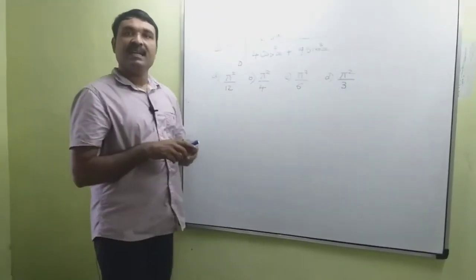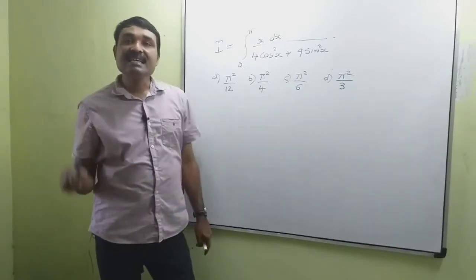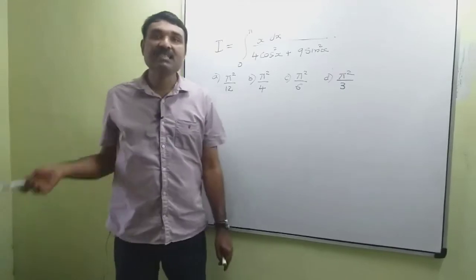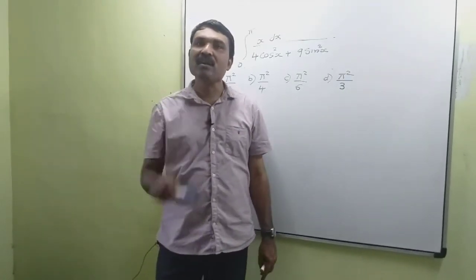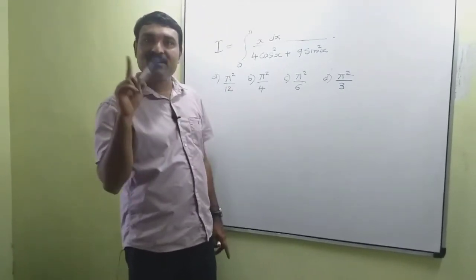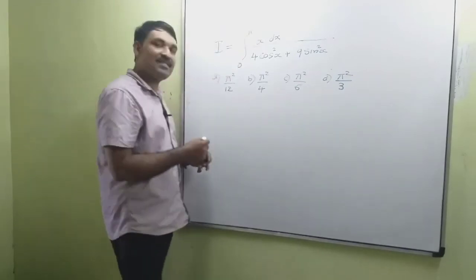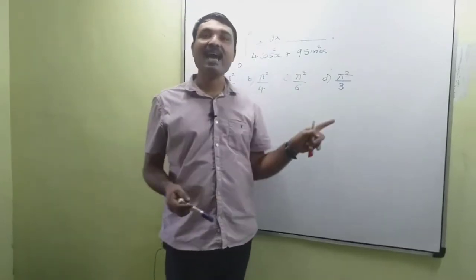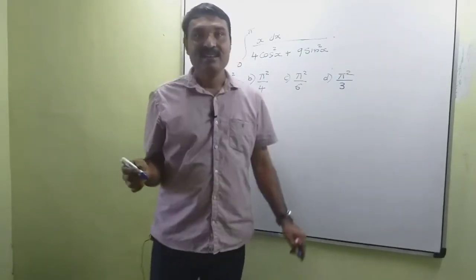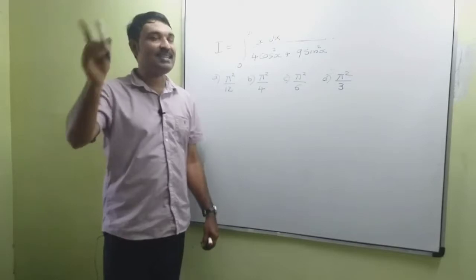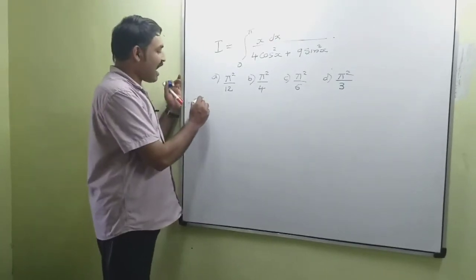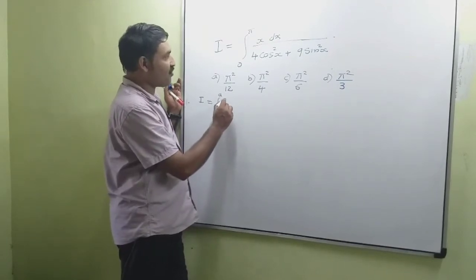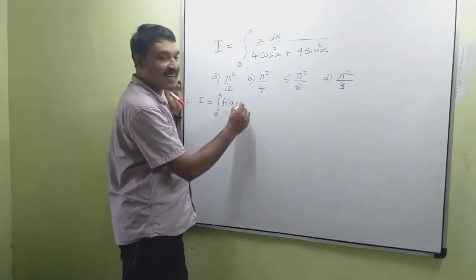Right. Now our question is: I is equal to the integral from 0 to pi of x dx divided by 4 cos square x plus 9 sin square x dx. And the choices given are pi square by 12, pi square by 4, pi square by 6 and pi square by 3. Now again we are using our properties. We can write I is equal to the integral from 0 to a of f of a minus x.